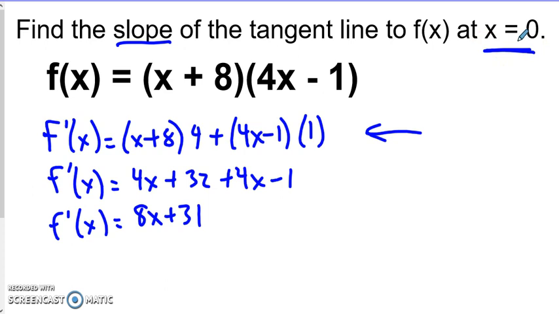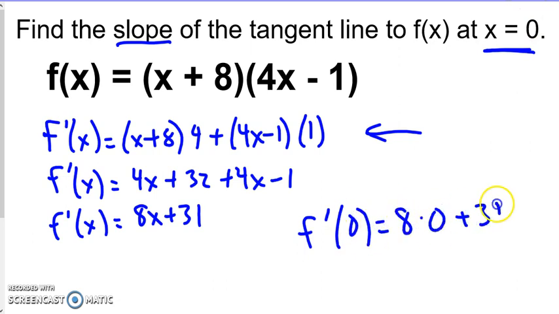It tells us the slope at any point along the graph of the original function. So if I'm trying to find the slope at x equals 0, I simply plug in 0 for x into my derivative, and we find that slope to be 31.